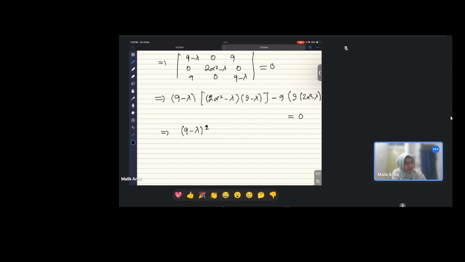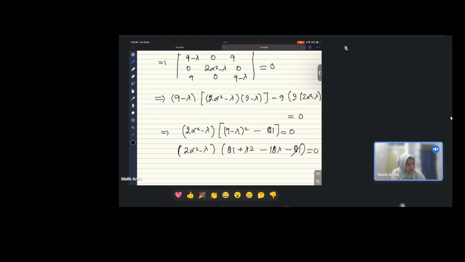So it will be something like 2 alpha square minus lambda, and then 9 minus lambda square minus 81, right? Then when you expand this, it is 81 plus lambda square minus 18 lambda, a square plus b square minus 2ab.